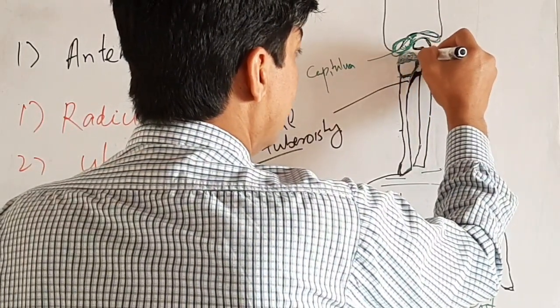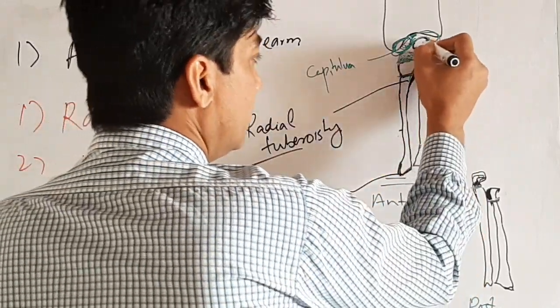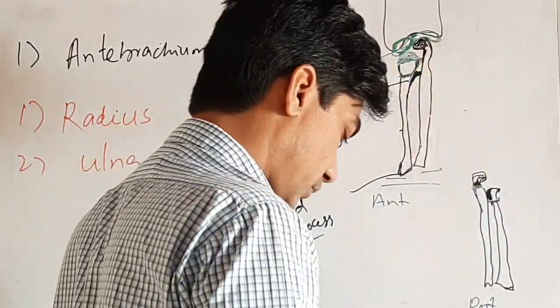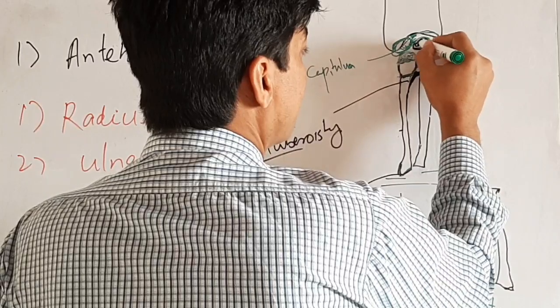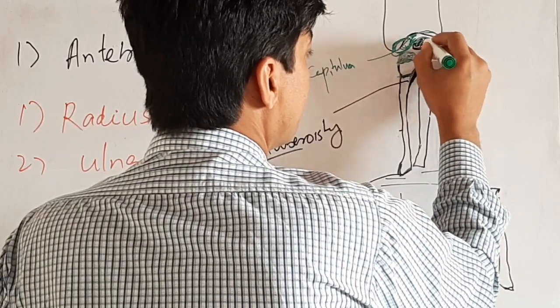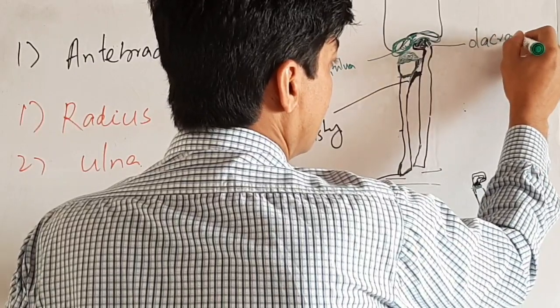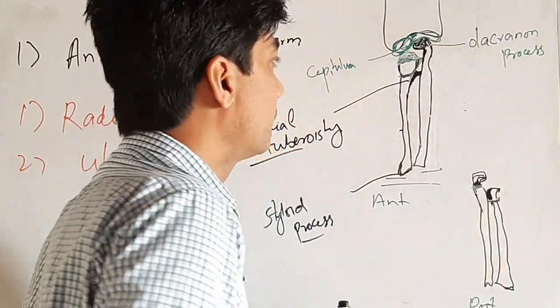This was the radial bone. And the ulnar bone is medial to the radius. There is a C-shaped notch and a process called the olecranon process.